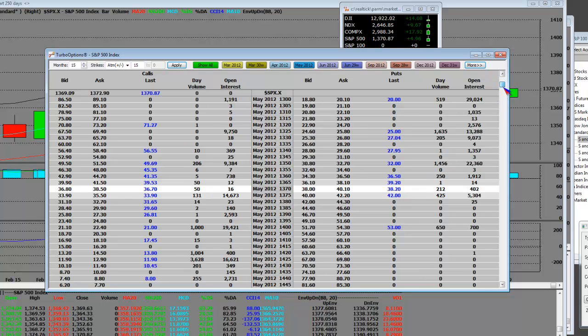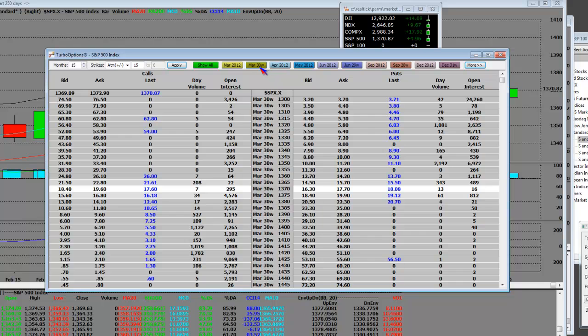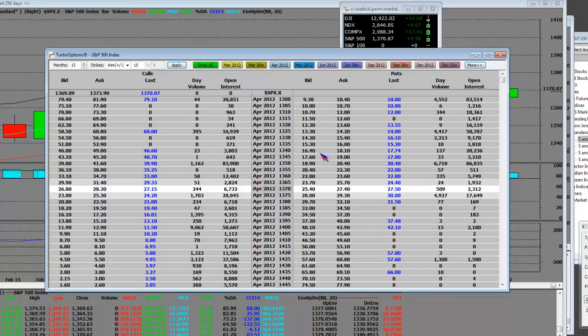And, you know, we're going to take a look at the strategies. There's even a March 30 weekly right here. So once again, we're going to take a look at the Aprils as well, because they're very important prices.